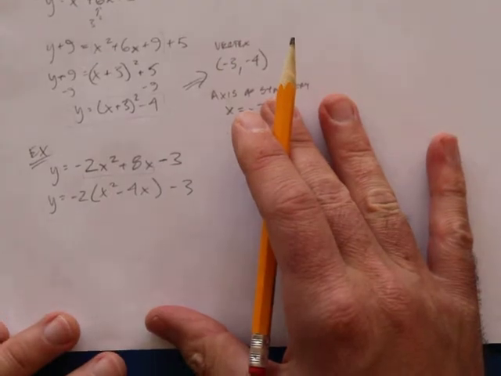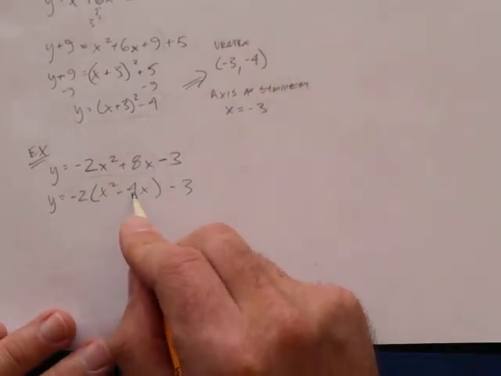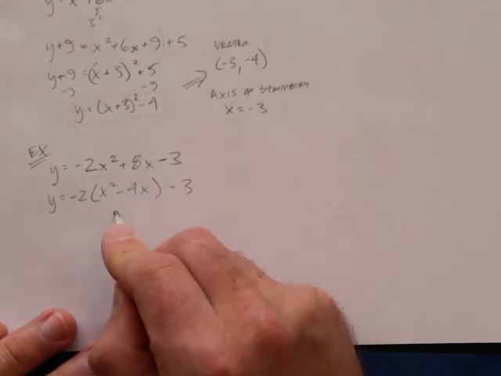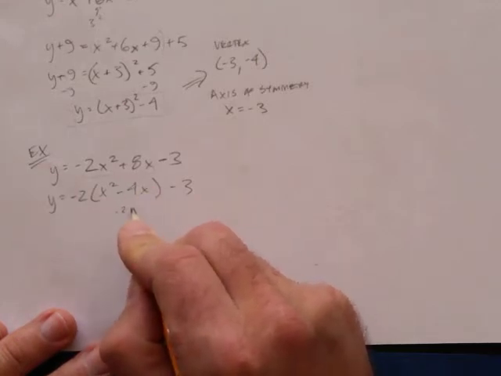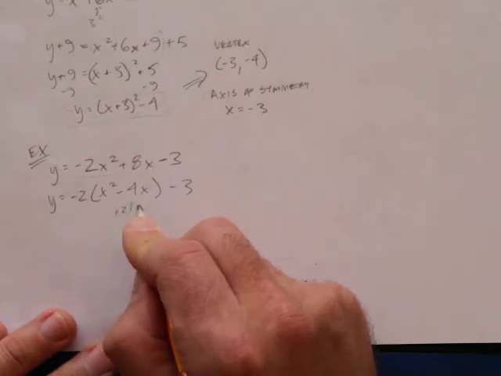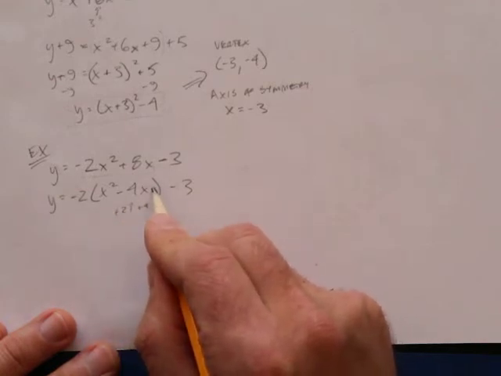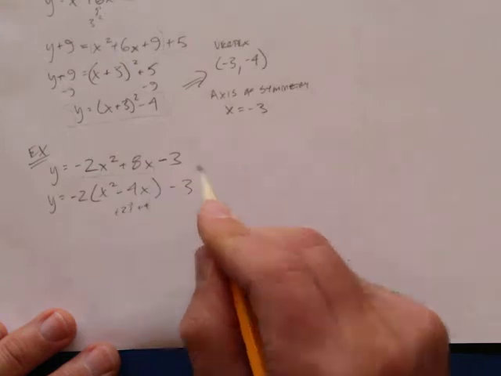Now here's the part that's the most difficult, and something I don't believe we've talked about yet in this class. I need to, this half of -4 is -2. -2 squared is +4. So I need to add 4 in here, but what I'm really adding to this side is not +4.